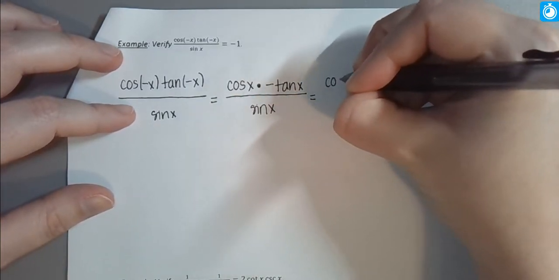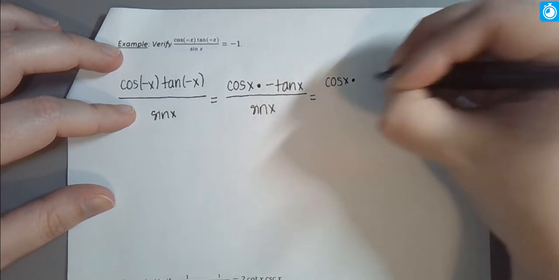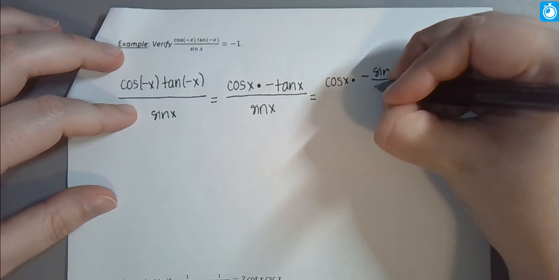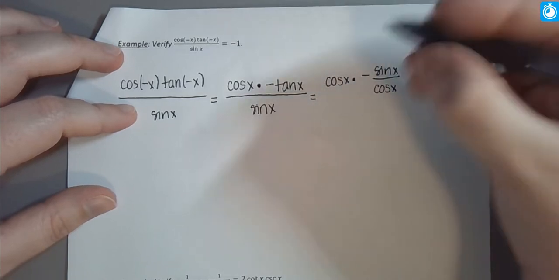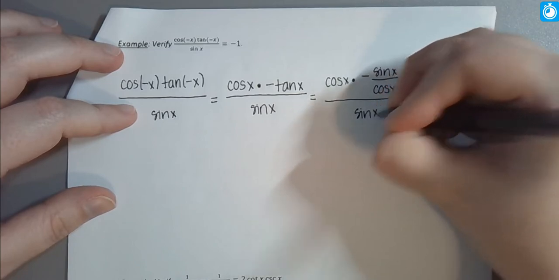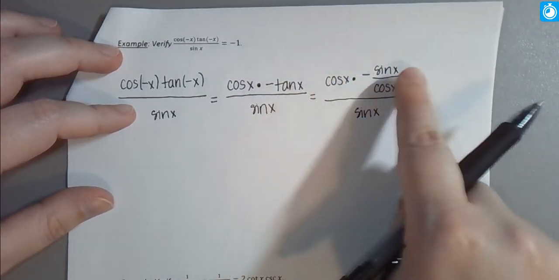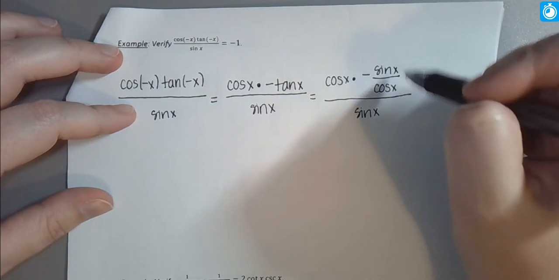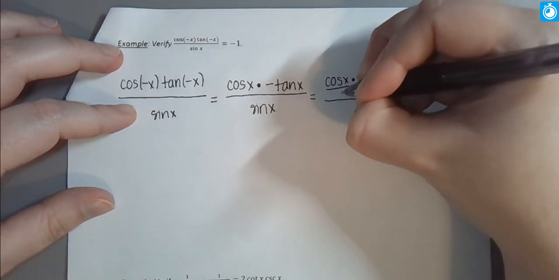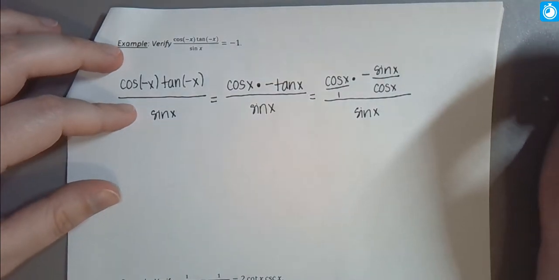So my numerator is now going to be cosine of x times negative sine x over cosine x. And then of course all of that is divided by sine x. Okay, now in the numerator I have something that's rational multiplied by something that doesn't have a denominator, and I know I can put this over 1 if I want it to have a denominator.